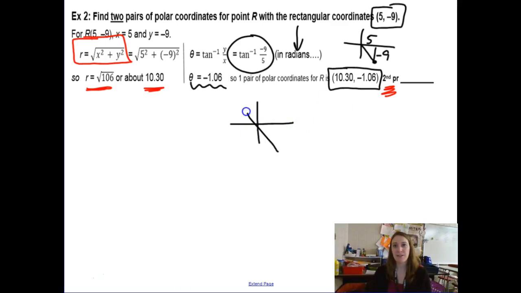Remember that line where they said you could add a pi and go backwards like this? That's what they're talking about. So what you can do is say it's the negative r. So remember on the polars you can go backwards. But then instead of this angle, we're going to figure out this angle. So basically we're going to add or subtract pi. I'm going to add pi.